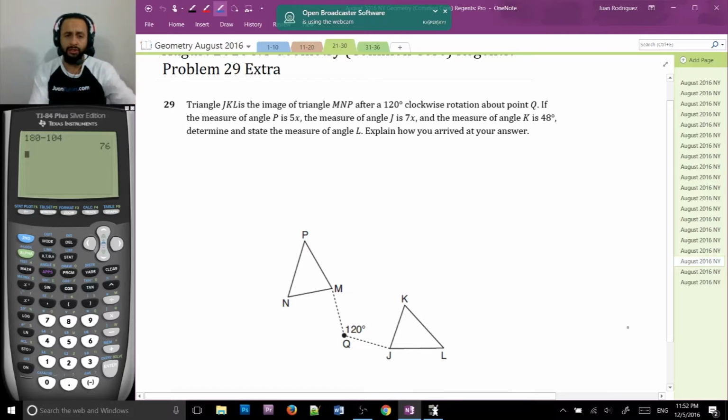So we do the same thing as before. Angle J is rotated to angle M, and so let's see what measures we have. The measure of angle P is equal to 5x. Since L corresponds to P, corresponding angles are congruent.